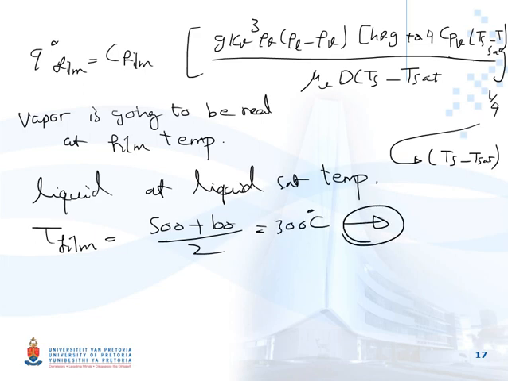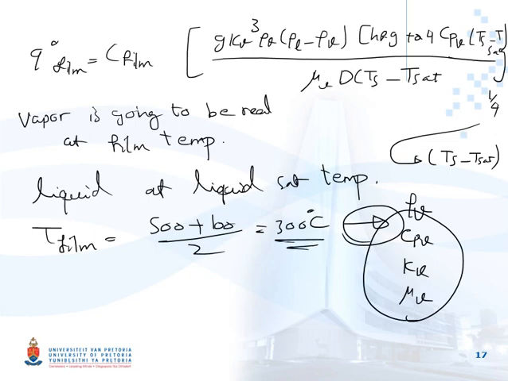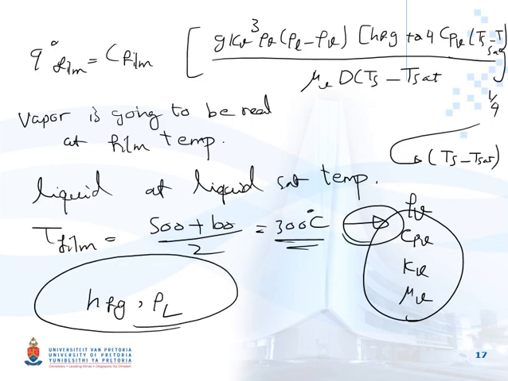When we go to the table, we read everything related to vapor: rho_v, c_pv, k_v, mu_v. These we read at 300. What we read at liquid or saturation temperature is h_fg and rho_L. Okay, so we have all those things.